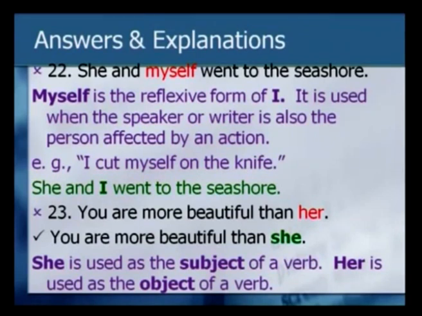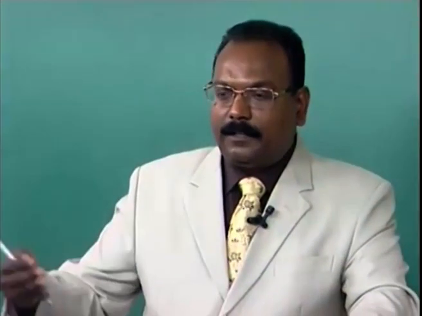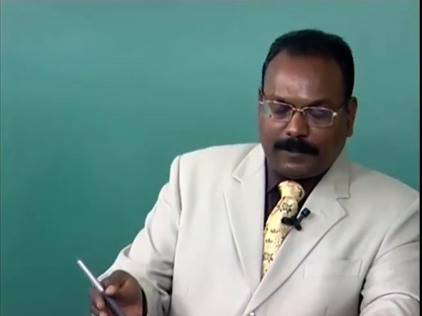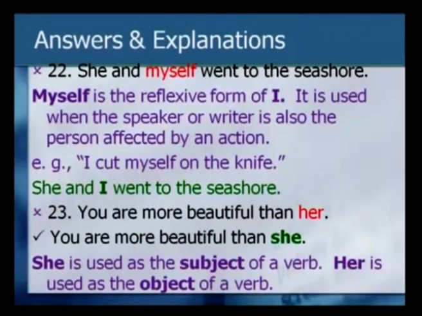That means, you can use myself only when you are using I myself did that, I myself was part of that enquiry. So, when you use myself in the reflexive form of I, then it is correct. So, and when do you use it? It is used when the speaker or writer is also the person affected by an action. So, then it is correct.